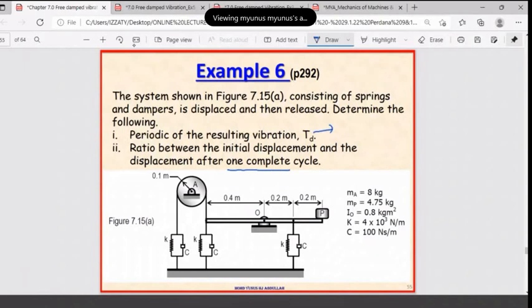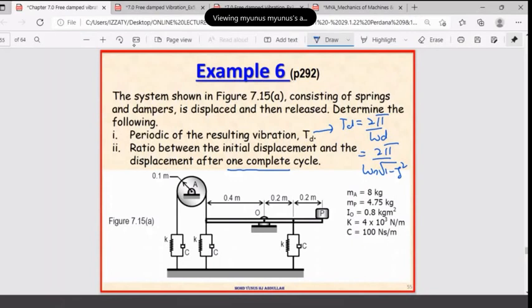Look here: TD is equal to 2 pi by omega d. If you expand the equation, it becomes 2 pi over omega n times the square root of 1 minus zeta squared. So you cannot run away from looking at what omega n is.